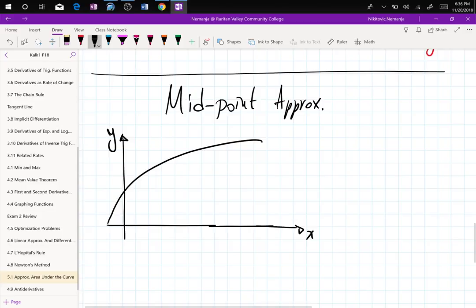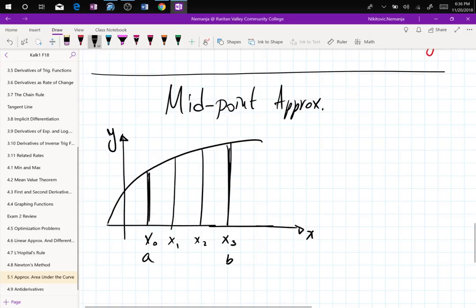And let's say we're going from here to, well, you know what, let's do this. We start at A, so let's go x0, x1, x2, x3, from A to B. The rest of the universe doesn't exist, we just have A to B, that's all we care about.